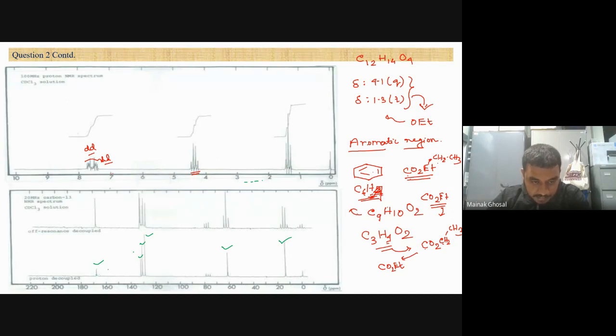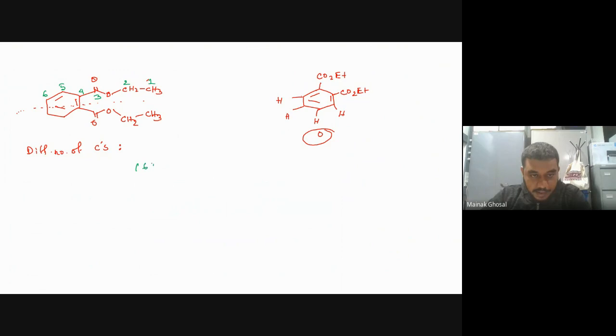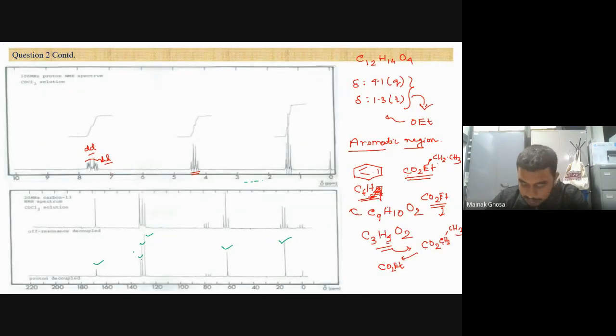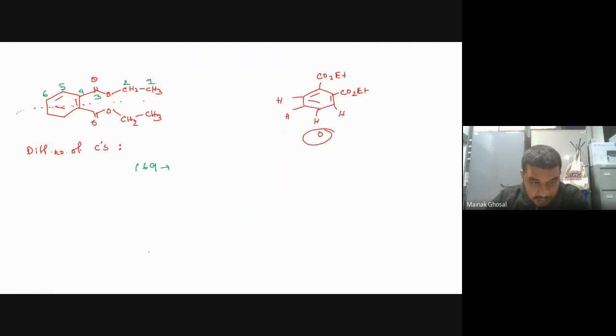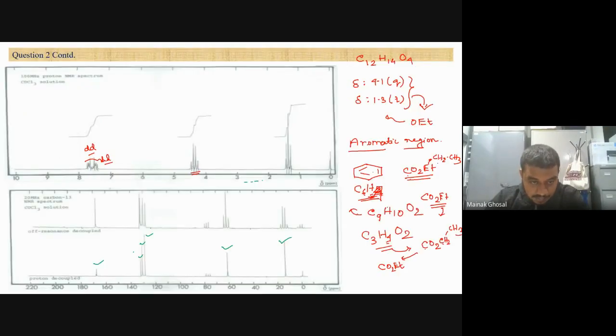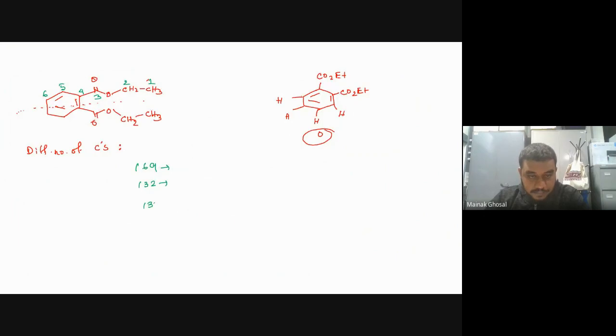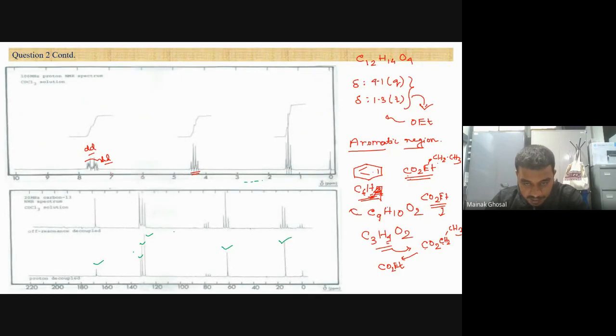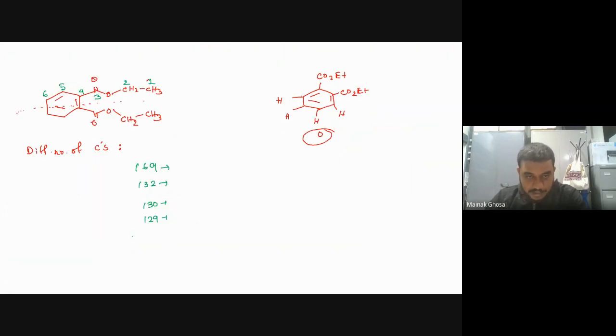This is 169, then 132, 130, and 129, and also 2 peaks at 60 and 15. So you need to assign which carbon corresponds to which peak. So 169 first.